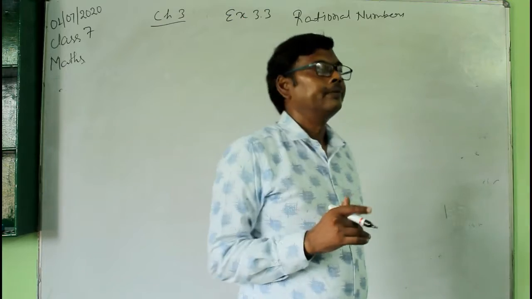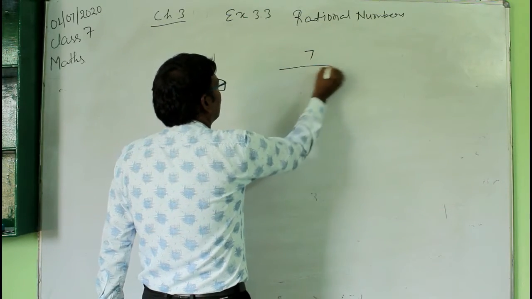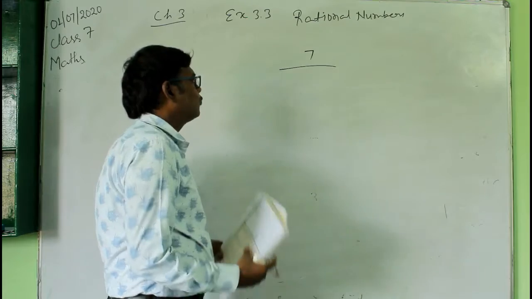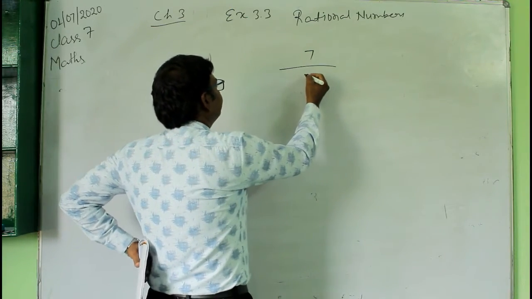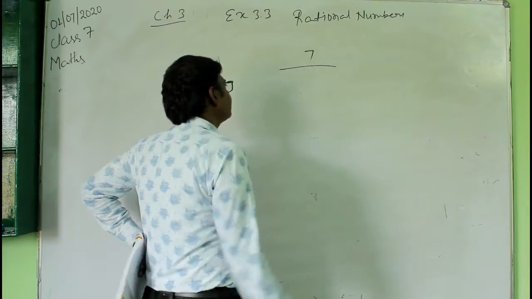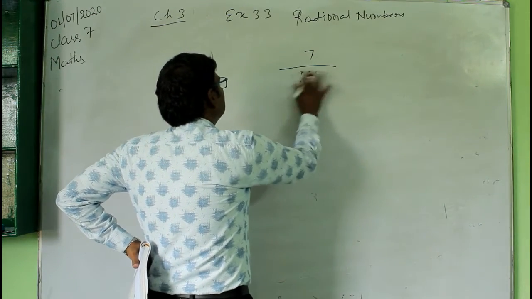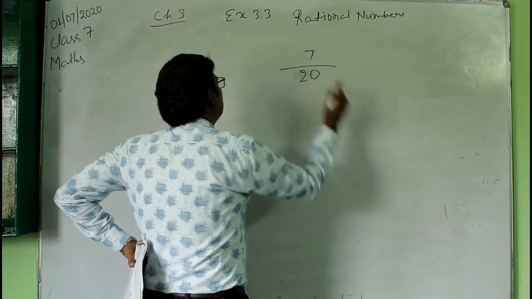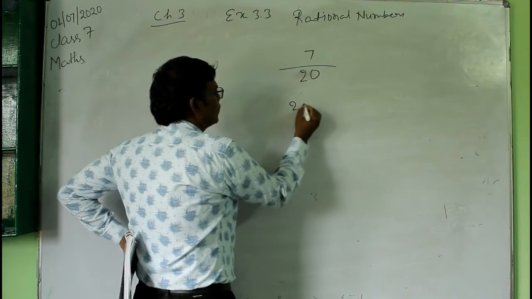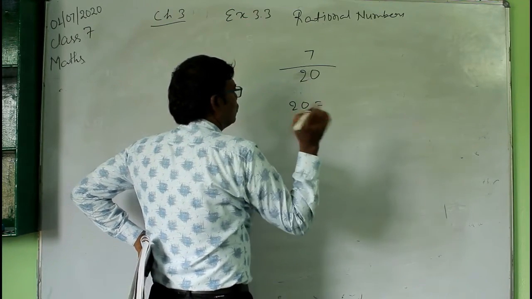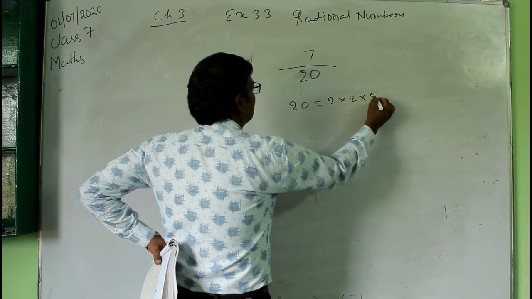मैंने अभी बताया था कि अगर कोई भी नंबर है, like you have 7 और इसके नीचे कुछ भी नंबर है, और वो जो नंबर यहाँ पर होगा, जैसे मान लो suppose 10. Okay, 10 is there already, so take here 20. तो यहाँ पर 20 है. Now if you factorize 20, then what will you get here? You know, 4 5 is 20, so 2 into 2 into 5.